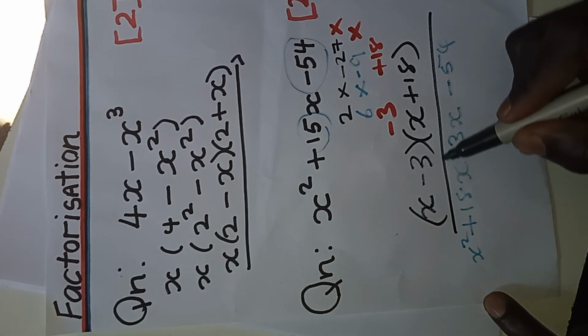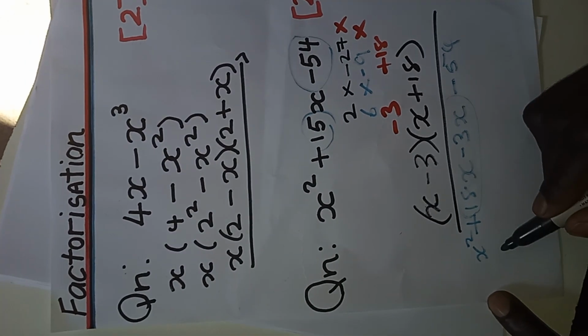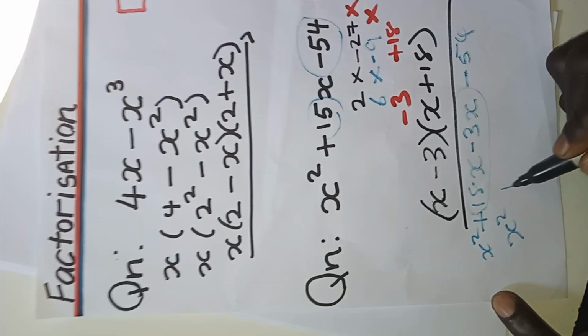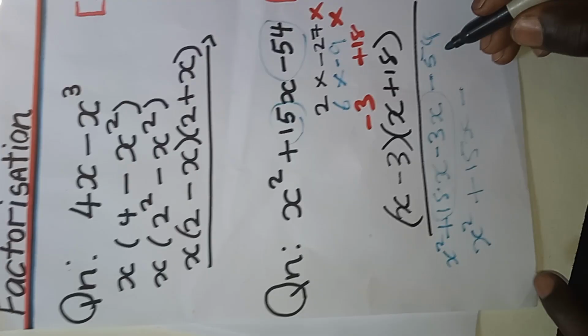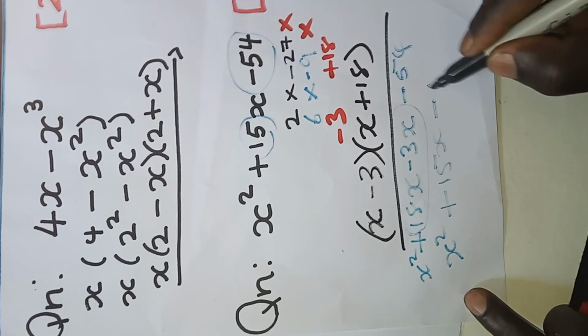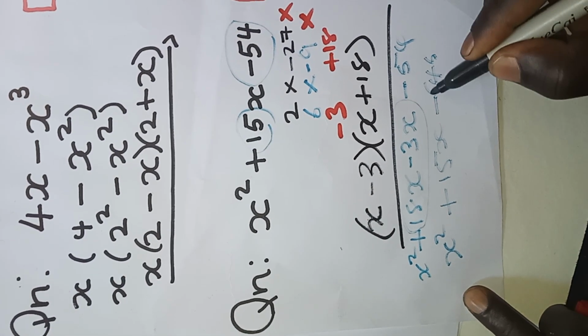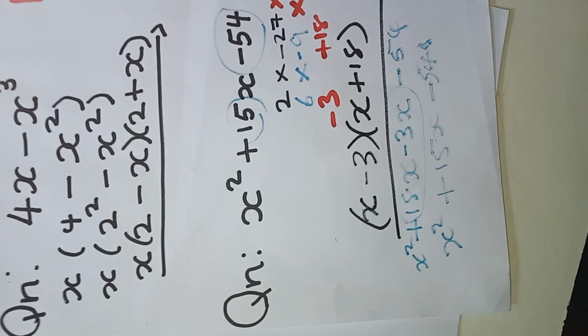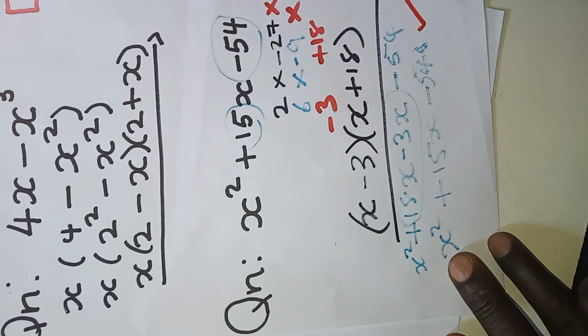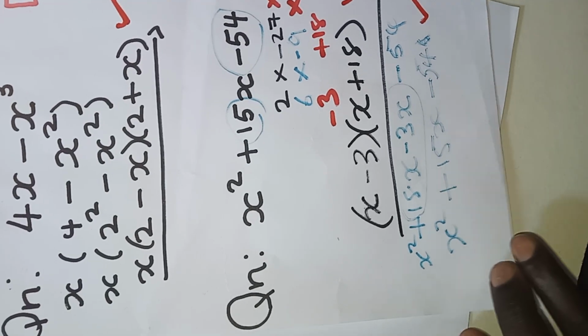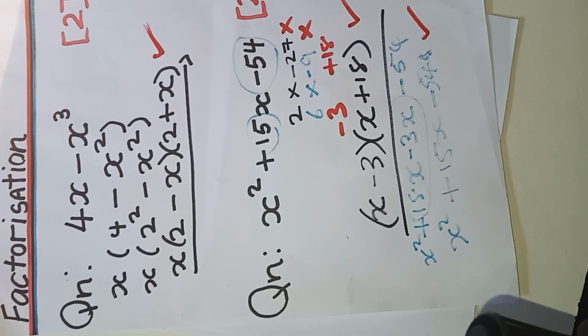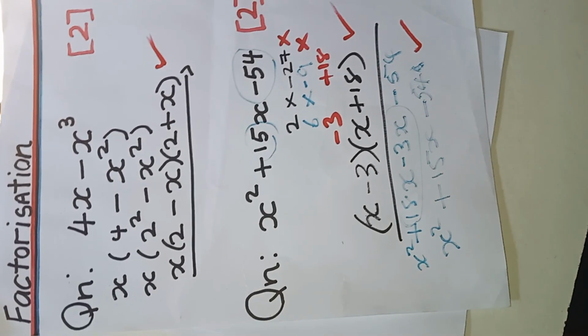If you simplify this part in between, it gives you x squared plus 15x minus 54, meaning to say we are correct on our answer. This one is correct and that one is correct. So in an exam, you will get all your marks if you do it this way.